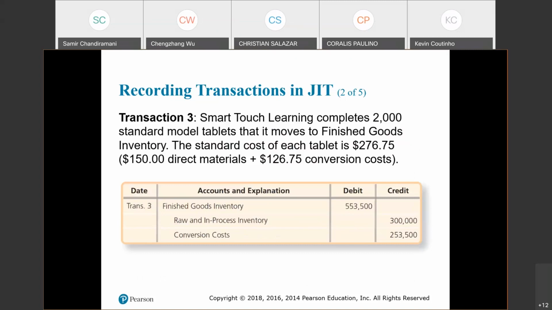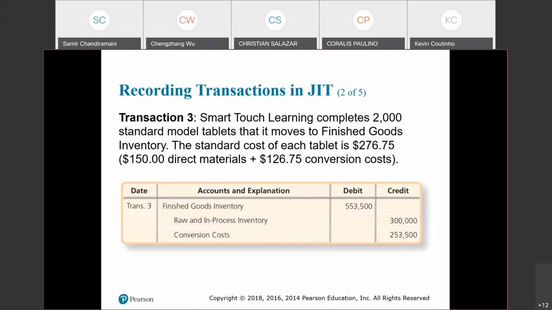Well, let's go ahead and see the third transaction. Smart Touch Learning completed 2,000 standard model tablets. That is, they moved to finished goods inventory.